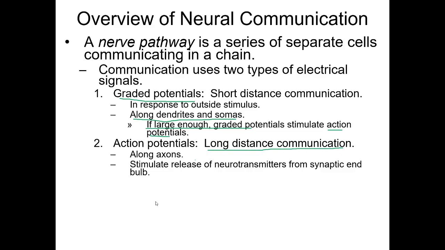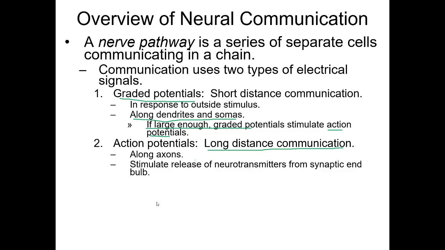If a stimulus is large enough, say right now as you're sitting in this room, you feel air hitting your face. That stimulus is probably not large enough for you to actually respond. It would be a short distance communication, a graded communication. But if I was to make a loud sound that is very uncomfortable for you, and it's likely to get you to respond, that graded potential would convert into an action potential.